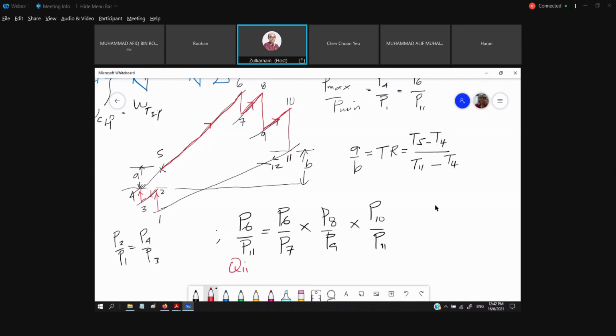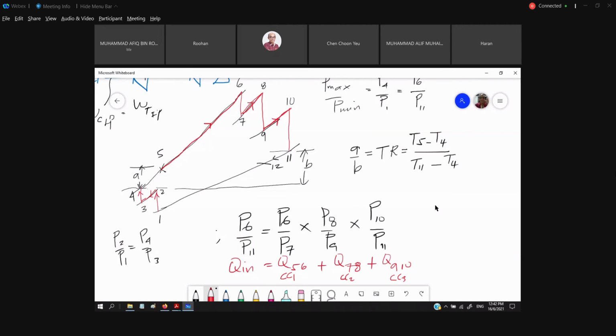Q in is equal to Q 5 to 6 plus Q 7 to 8 plus Q 9 to 10. This is involving the combustion chamber 1, combustion chamber 2, combustion chamber 3.